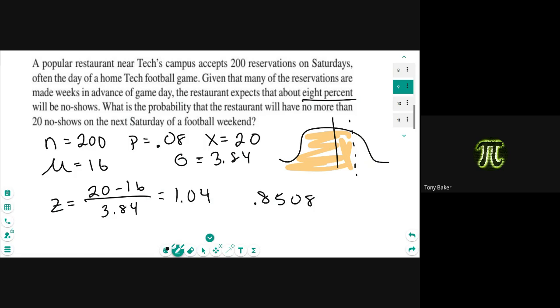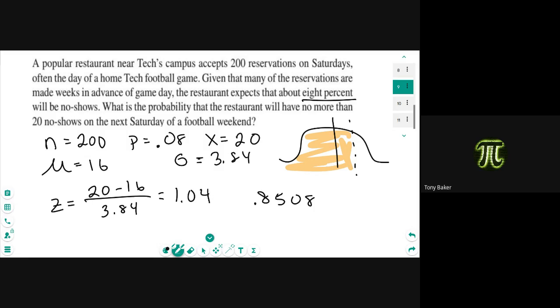I can't have half a person or half a no-show, right? Can I have 15 and 0.3 no-shows? Yes or no? No.